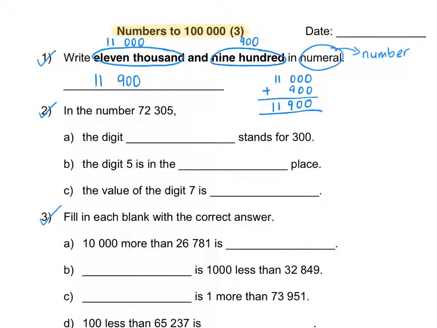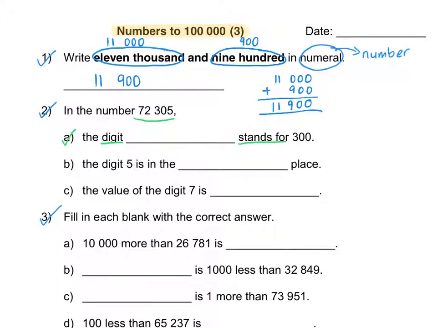Now let's go on to question number 2. In the number 72,305, the digit what stands for 300. Now for part A, you need to be very careful what are the keywords in the questions. The keywords include the word digit, and it also includes the phrase stands for.